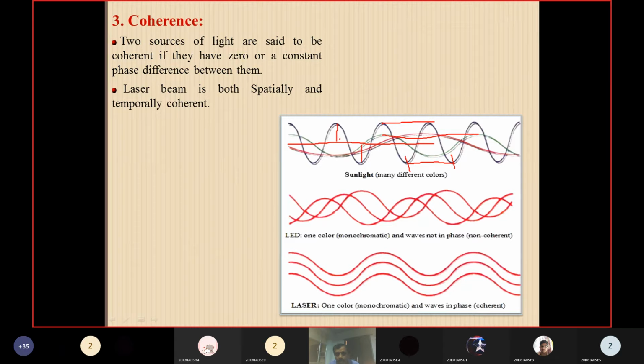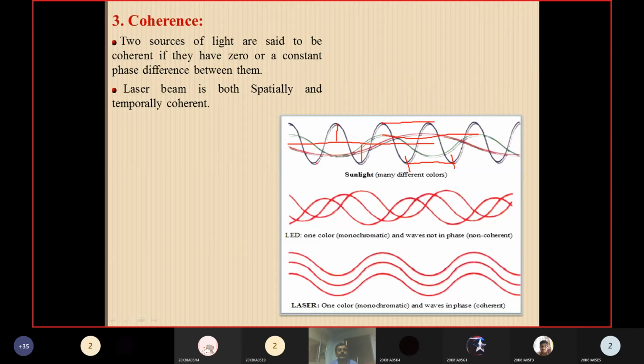So this is the amplitude. Different waves have different amplitudes. So in case of sunlight, amplitudes are different, wavelengths are different, and there is no constant phase difference, which means they are incoherent.